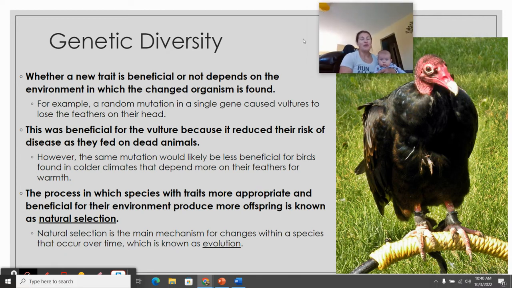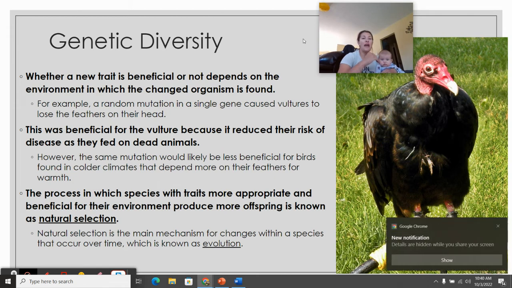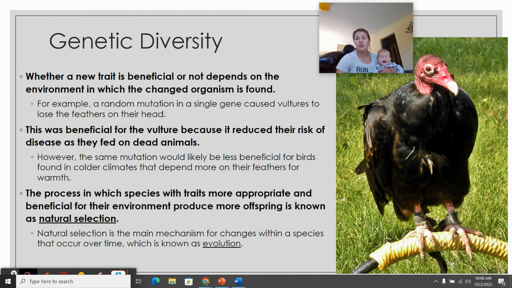So when we're talking about genetic diversity, if we have new traits that are beneficial, they don't necessarily depend on the environment. So if we have a random mutation and it causes something to happen, like it causes turkey vultures to lose the feathers on their head, that might seem really, really bad.